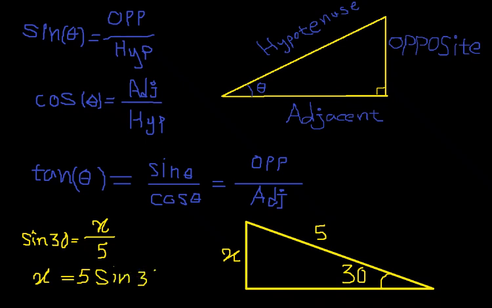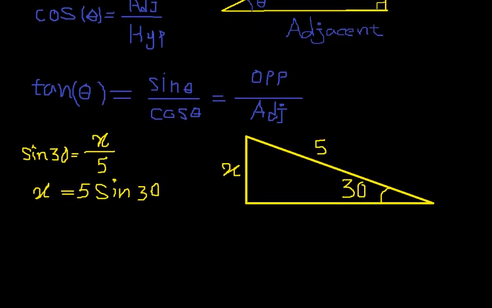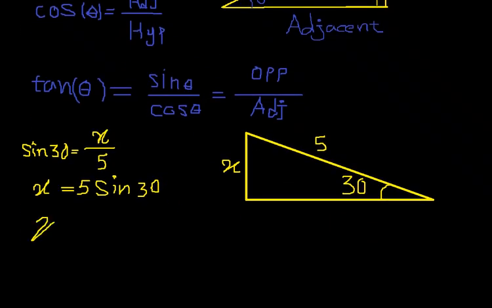We know that the sine of 30 is equal to half, but if it was another angle, for example 36 degrees, we could also calculate it. So 5 over 2 is 2.5. So our answer is x is equal to 2.5.